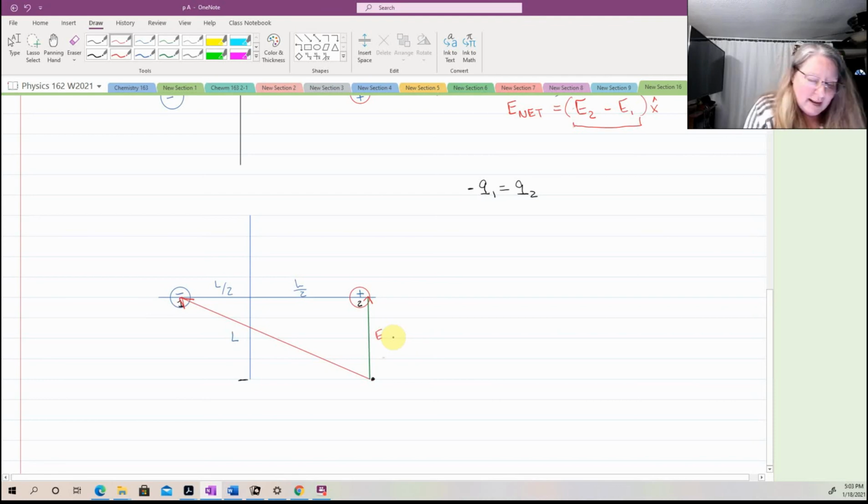And my x component, what color do I want? I don't want that. My x component, let's go with red. My x component is just going to be following right along the x-axis, pointing in the negative x direction. So that would be my E1 in the x, and this would be my E1 in the y.